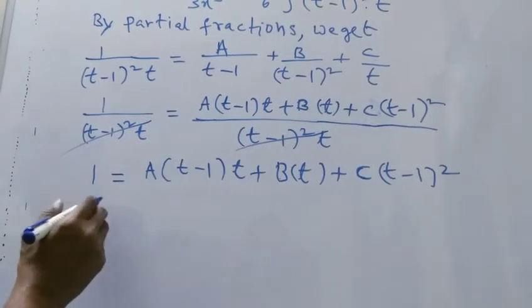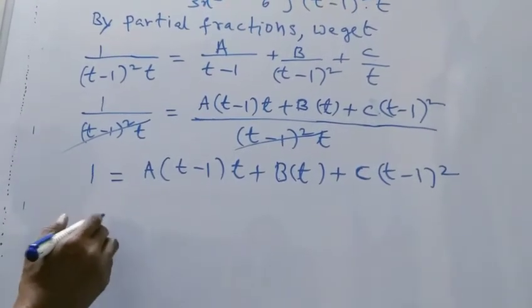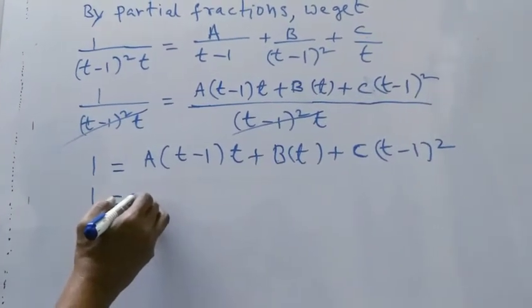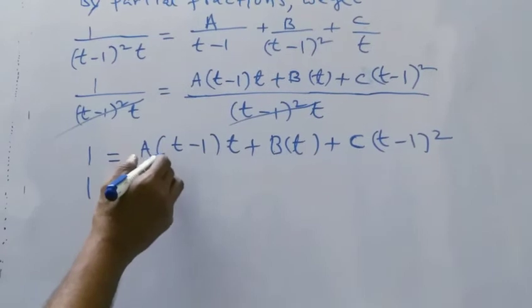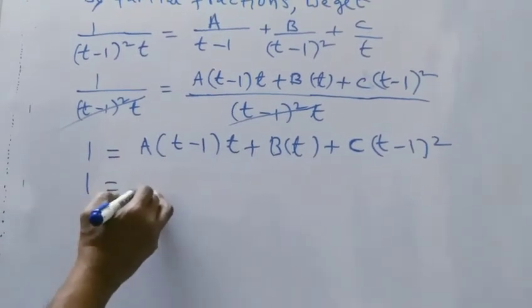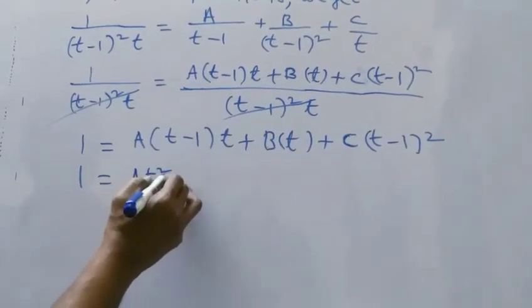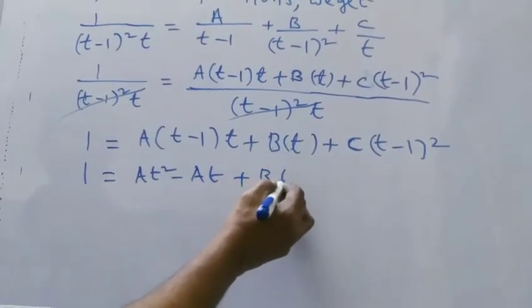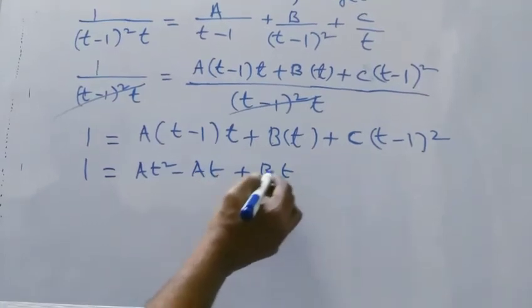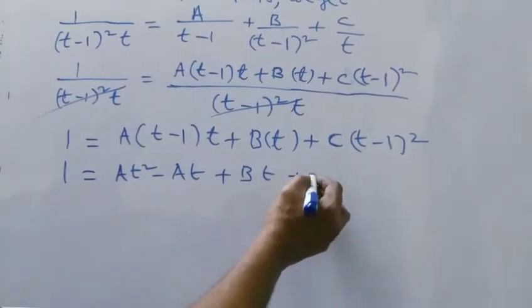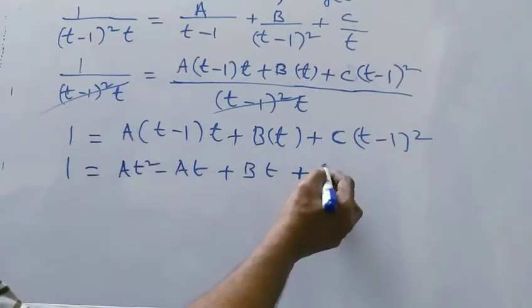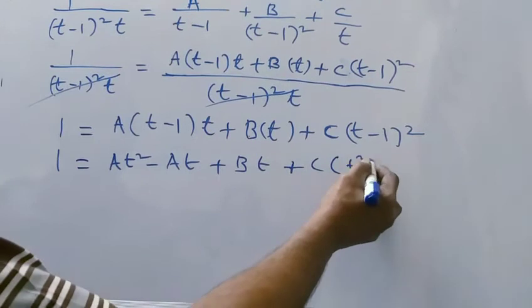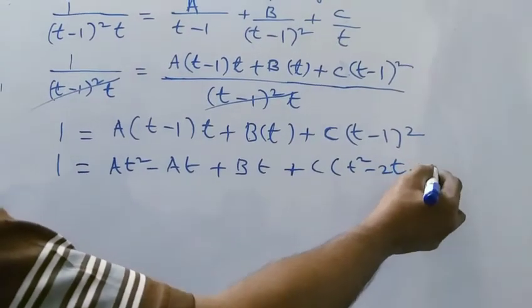So that means it becomes 1 is equal to a of (t minus 1) into t, so at square minus at, plus bt, plus c of t square minus 2t plus 1.